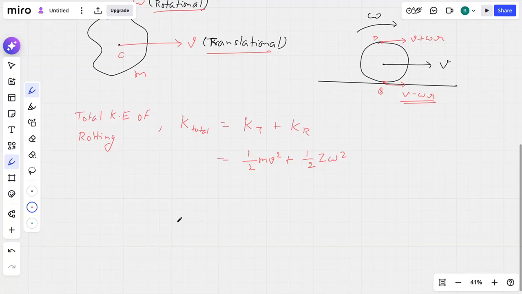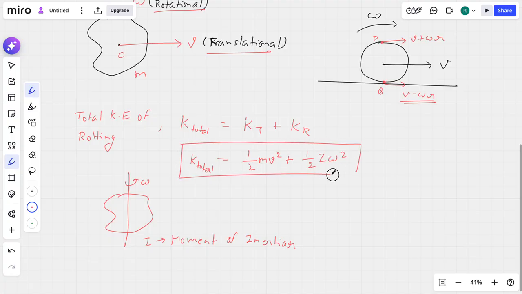Suppose a rigid body is rotating about this axis, this axis is called the axis of rotation. I is the moment of inertia and omega is its angular speed. So this is the total kinetic energy of a rolling body. We have to understand it.